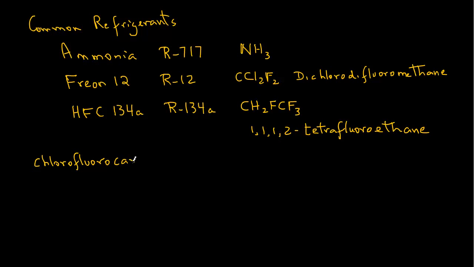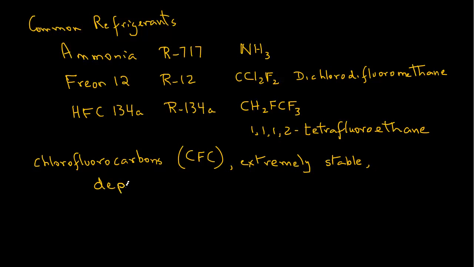Now, chlorofluorocarbons, also called CFCs, are extremely stable. And when a refrigerant is extremely stable, then it may have a long life in the atmosphere and may even migrate into upper atmospheres over time, where the chlorine molecule will react with ozone and thus deplete ozone concentration.